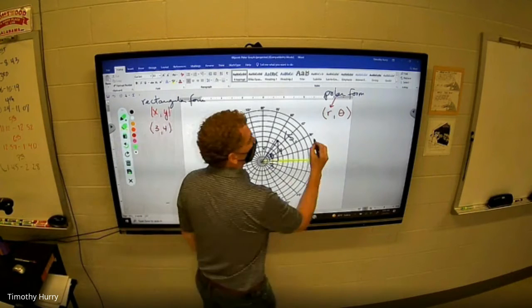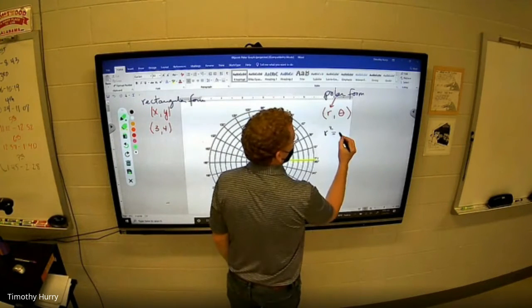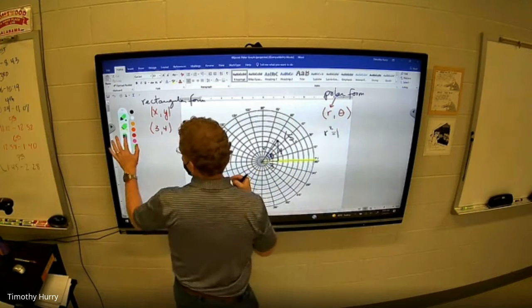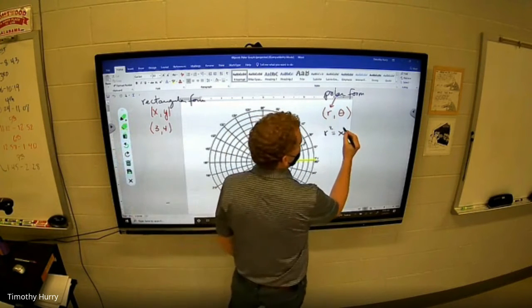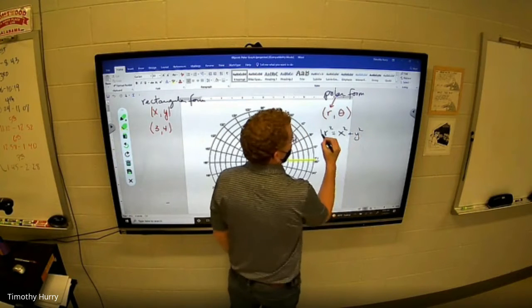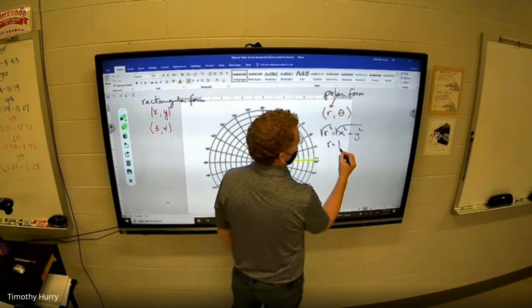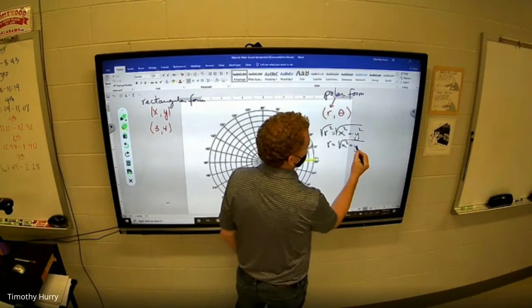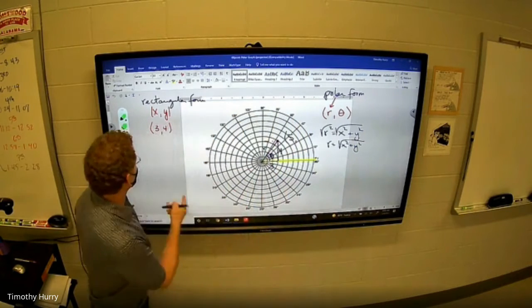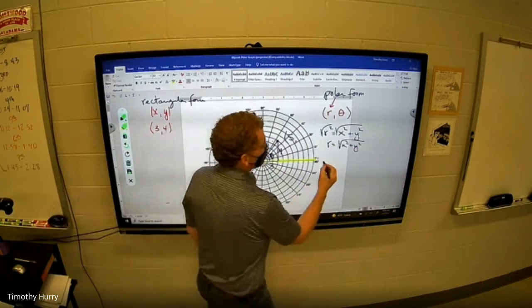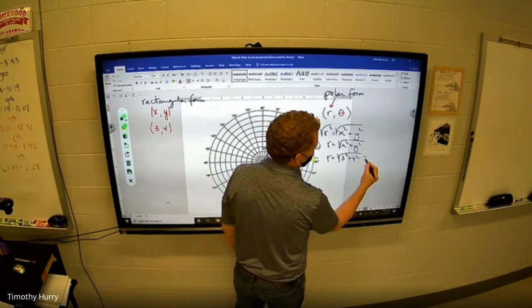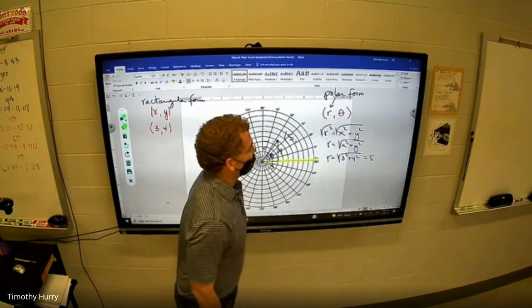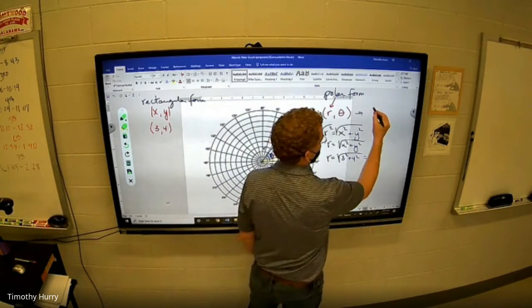So my R value is basically my X squared plus my Y squared, and when I square root it, that gives me my R value. So if I have 3, 4 here, my R value can be found by squaring the 3, squaring the 4, adding them together, square rooting. Great, so I have my R value.